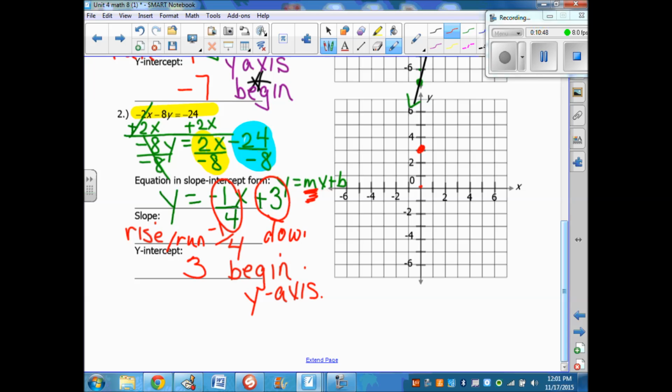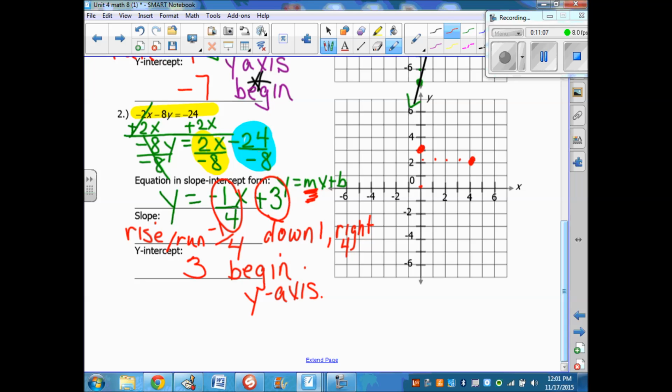Down because it's negative, down 1, and then right 4 because it's positive. So I go down 1, I'll make some small little dots. Down 1, right 1, 2, 3, 4.